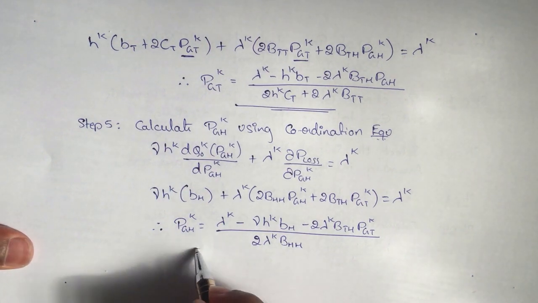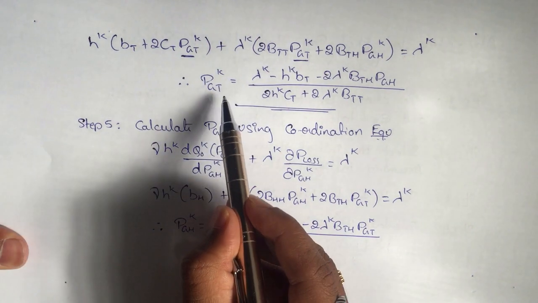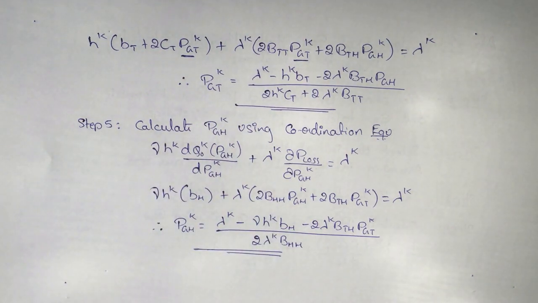In step 5 we got the value of PGHK, and in step 4 we got the value of PGTK.